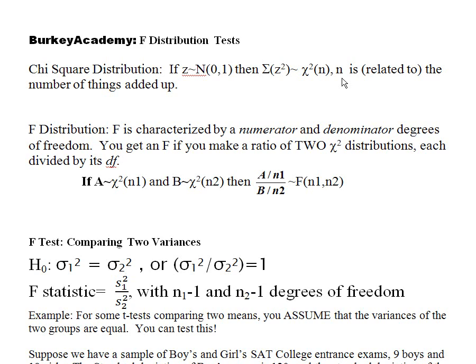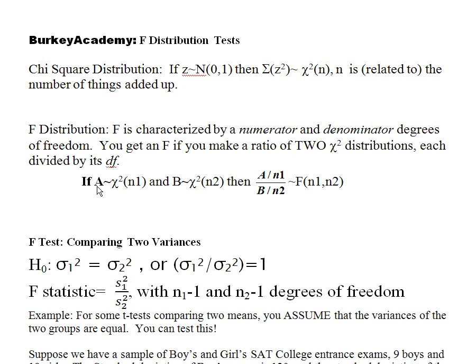Now, once you understand that a chi-square distribution is squaring and adding, the F distribution is just made of two chi-squared distributions. So you get an F distribution if you make a ratio of two chi-squared distributions.